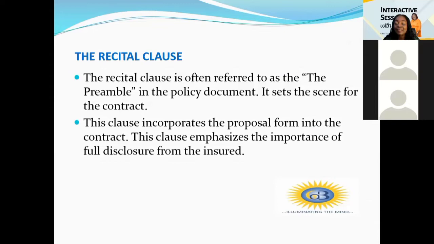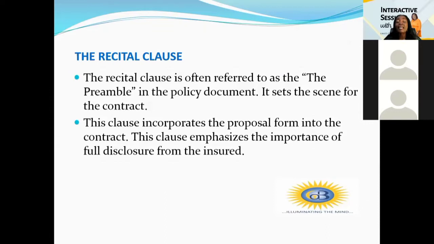It introduces the parties in the contract, the insured and the insurer, and it gives us the title of the document, and so that is the recital clause.